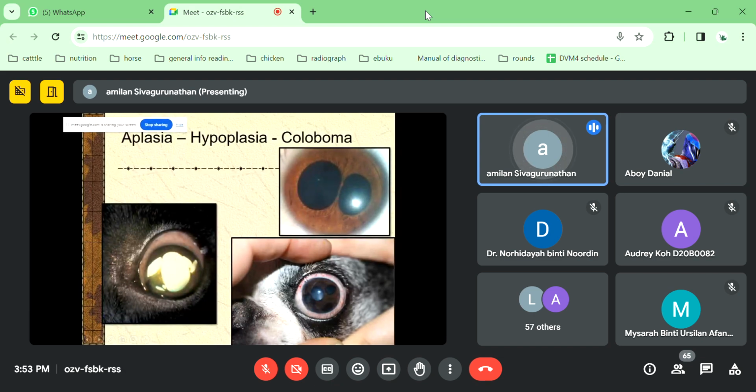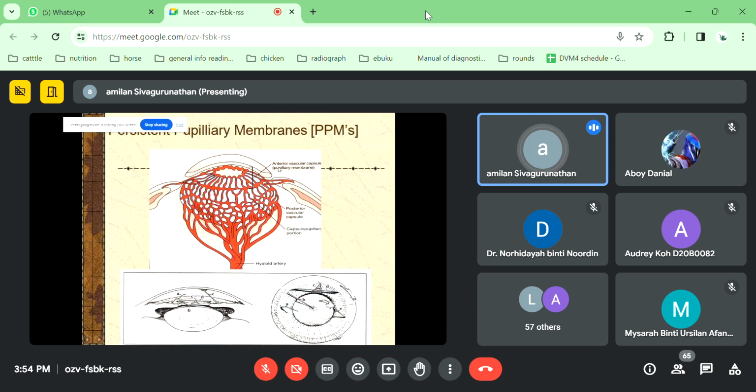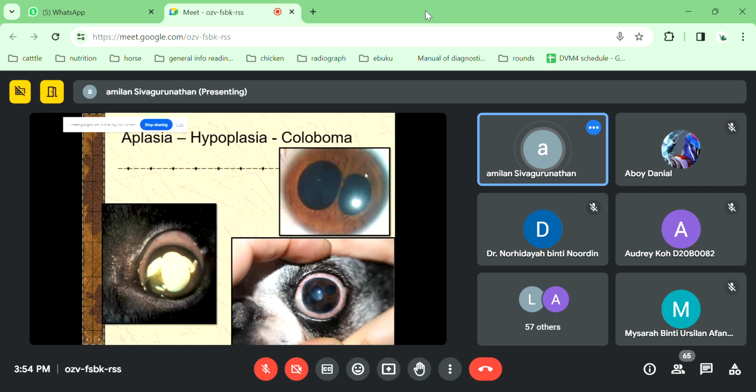So the question is, it's hard to differentiate sometimes if this is aplasia, coloboma, or hypoplasia, because you need to see it at the right time to classify it. If it's at the juvenile stage, we have to call it aplasia. If it's in the senior stage, we call it hypoplasia. And if it's inherited, let's say it's in the family line, we call it coloboma.